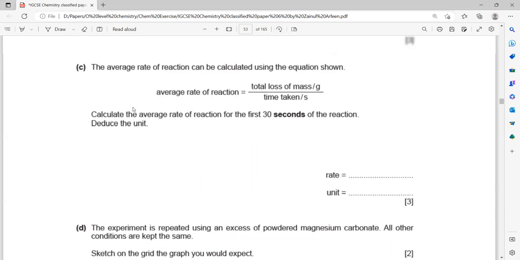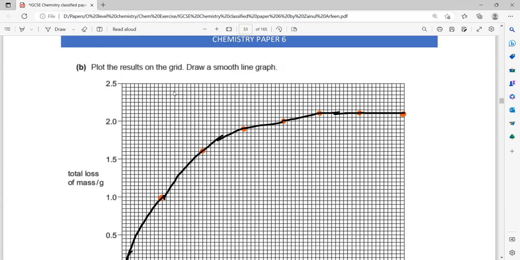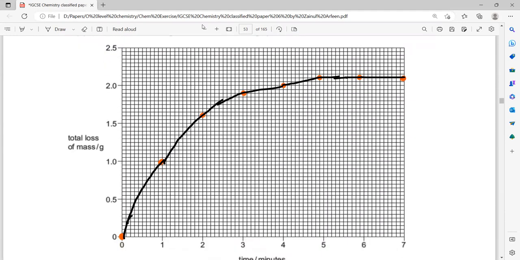In the beginning it was also in excess, but it was not powdered. So the reaction rate will be faster, but the final mass is the same. It will complete in a shorter time, but the final mass will be 2.1.